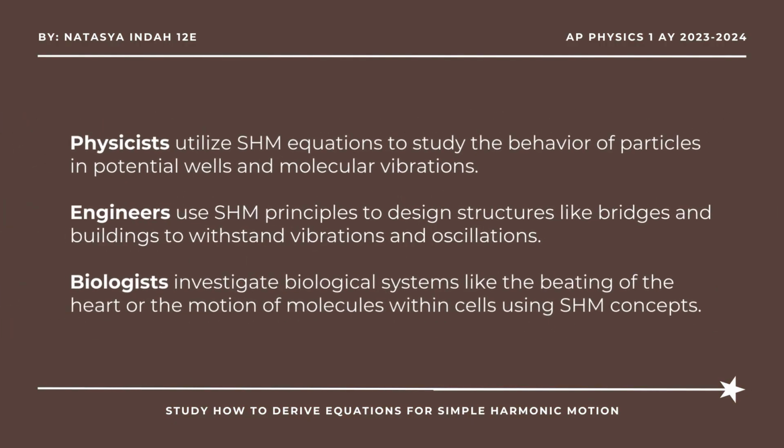For example, physicists use these equations to study the behavior of particles in potential wells and molecular vibrations, while engineers use them to design structures like bridges and buildings to withstand vibrations and oscillations. Lastly, biologists use simple harmonic motion equations to investigate biological systems like the beating of the heart.